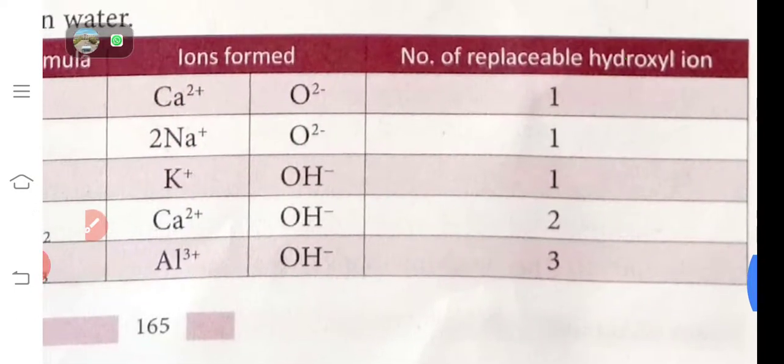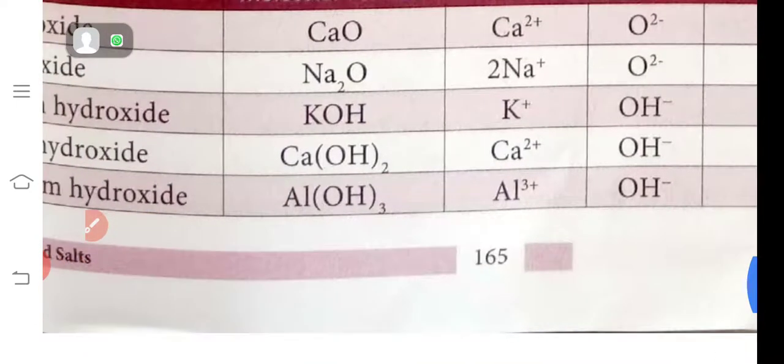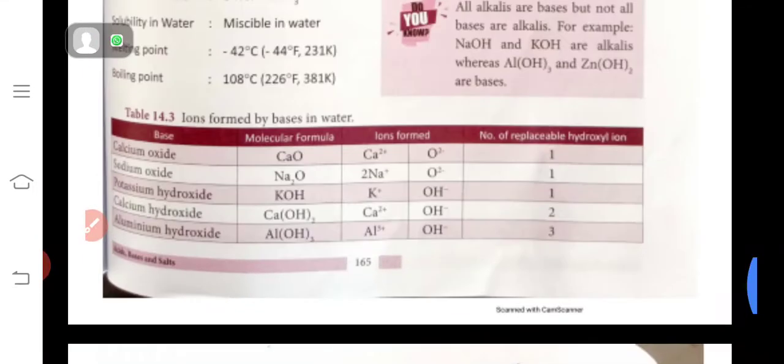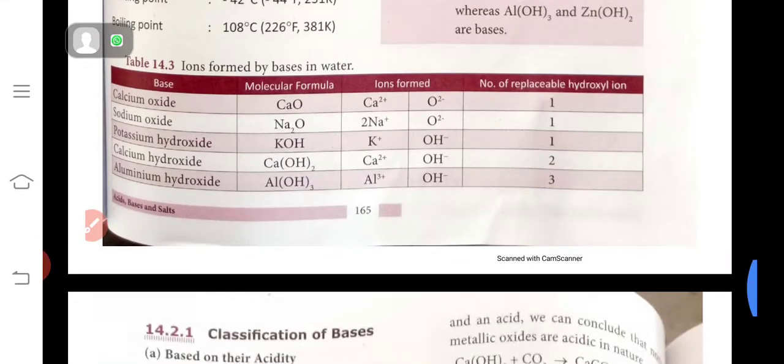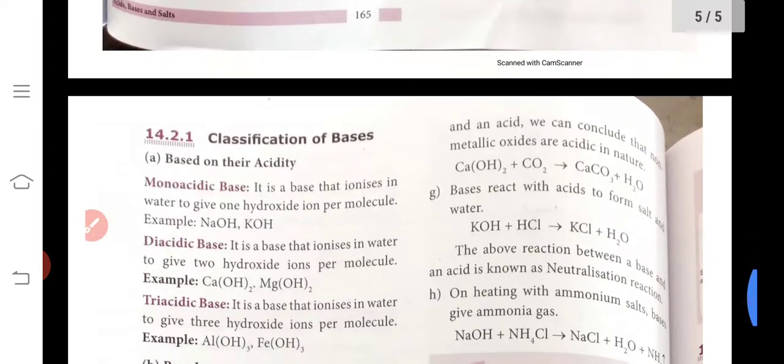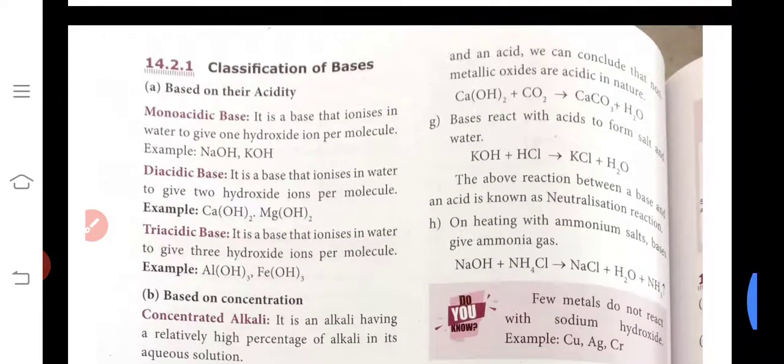Look at the ions and the bases. Calcium oxide, CaO, has only one replaceable hydroxyl ion, and there are also sodium oxide, potassium hydroxide, calcium hydroxide and aluminum hydroxide. See the number of replaceable hydroxyl ions. Then, classification of bases.